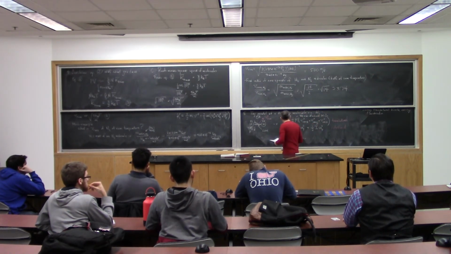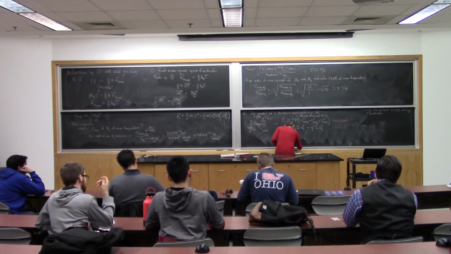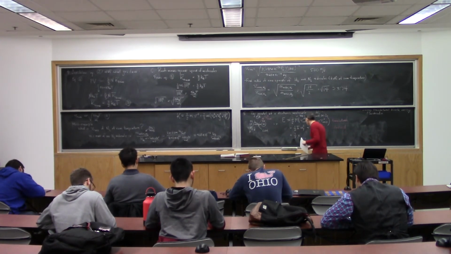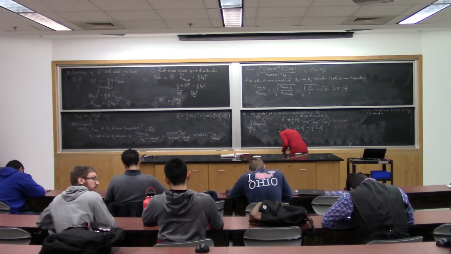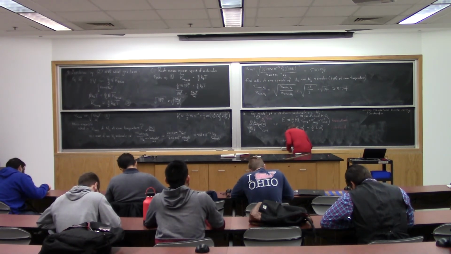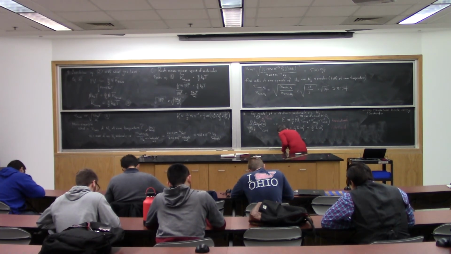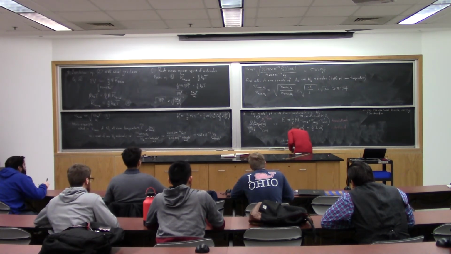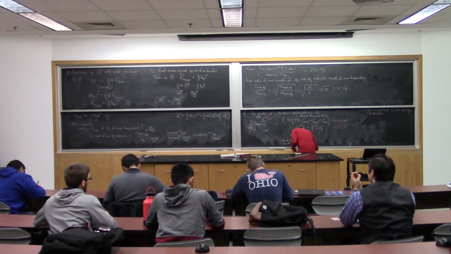The notation is just a little bit different. It turns out 1/2 times what's called the reduced mass of the molecule. Mu is called the reduced mass of the molecule. And the reduced mass, mu, is the product of the masses divided by the sum.